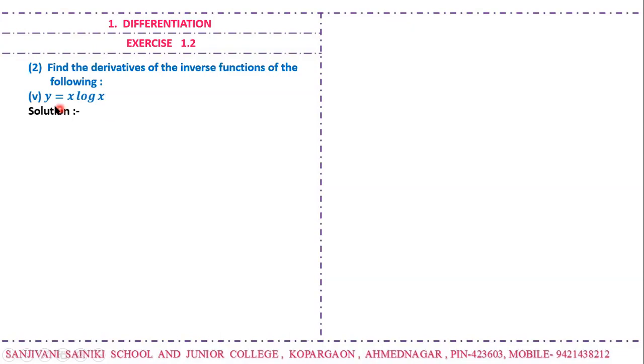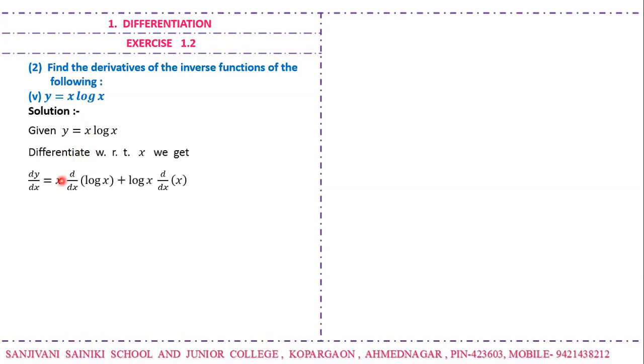Next is y is equal to x log x. As usual, what we did in the last example, we will do the same. Differentiate with respect to x. x as it is, that is the first function as it is, derivative of the second function plus second function as it is, derivative of the first.